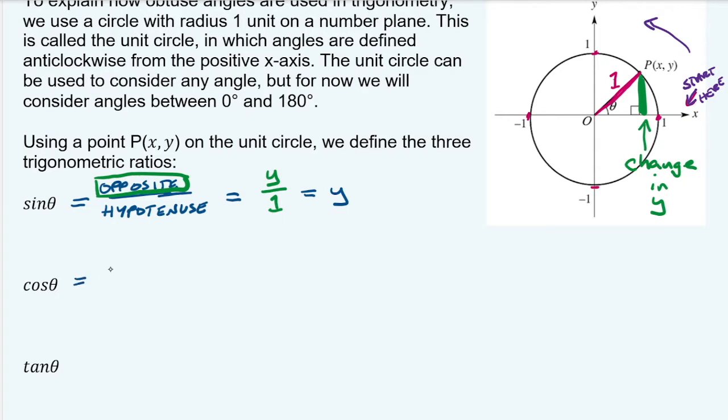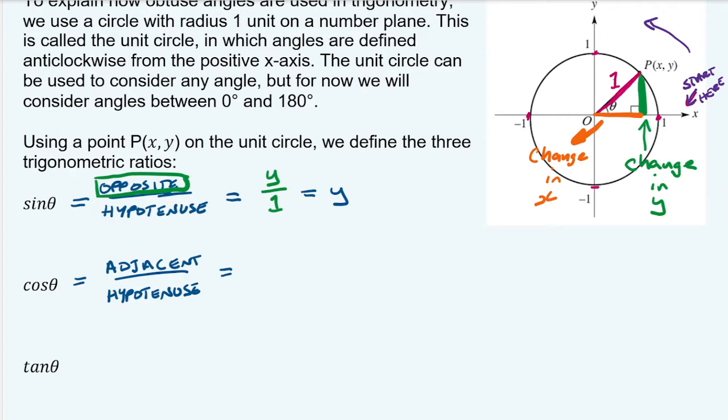Now cos theta is still adjacent over hypotenuse. And if you have a squiz at our diagram over here, that's going to be our change in x.